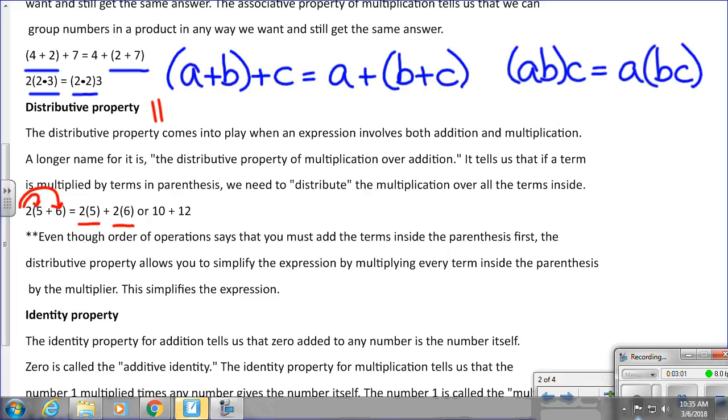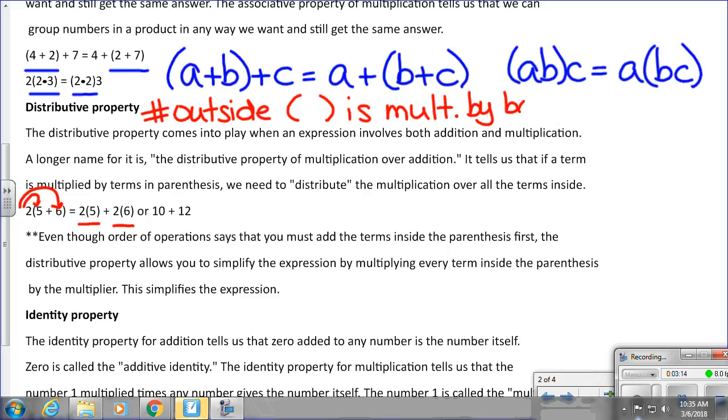So it's a number outside the parentheses is multiplied by both numbers inside the parentheses.